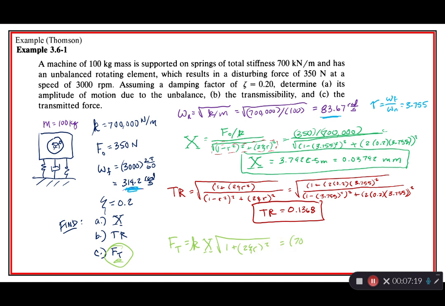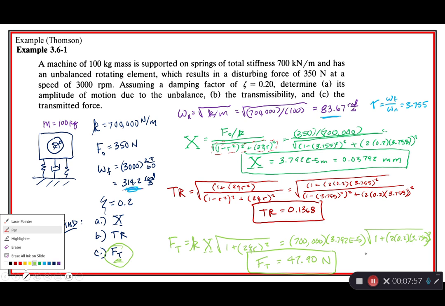So we go 700,000 times our answer up above of 3.792 e minus 5, and then times the square root of 1 plus 2 times 0.2 times 3.755, squared. Well, whole thing squared, be careful of that parentheses. And we get an Ft equal to 47.90 newtons.